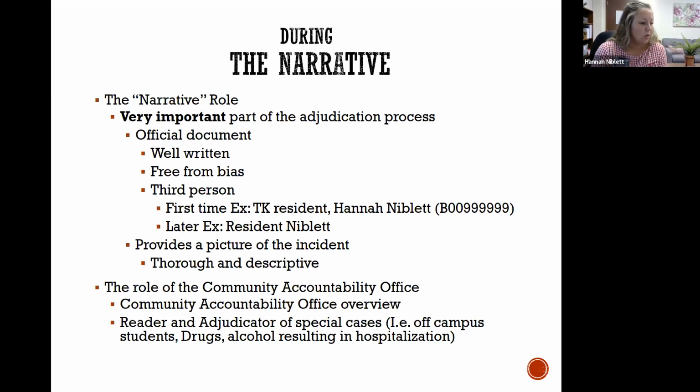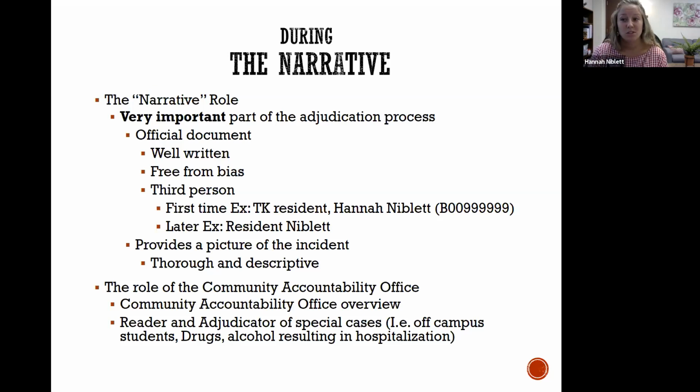I also want to tell you a little bit about the role of the Community Accountability Office. Outside of the Department of Residence Life, we do have an Office of Community Accountability. Our director of that, her name is Janelle Briscoe, and she oversees all of campus student conduct.